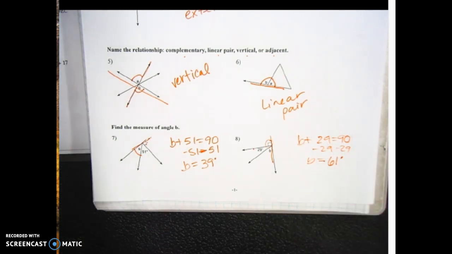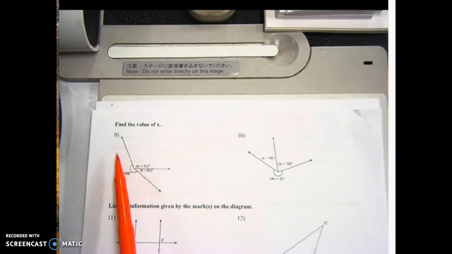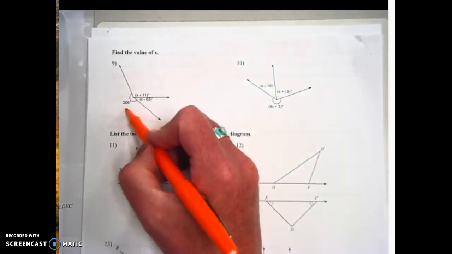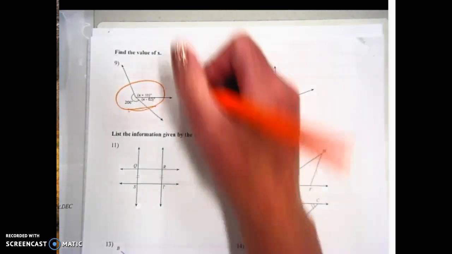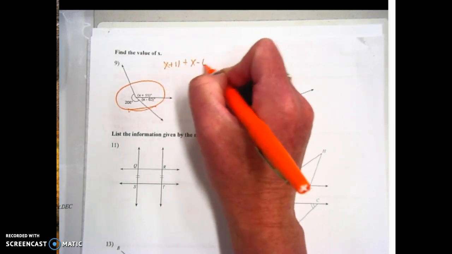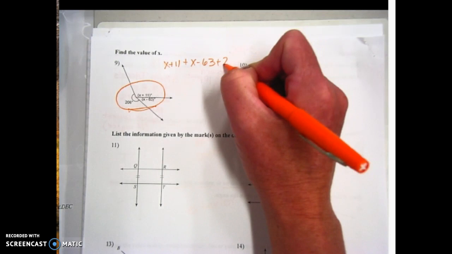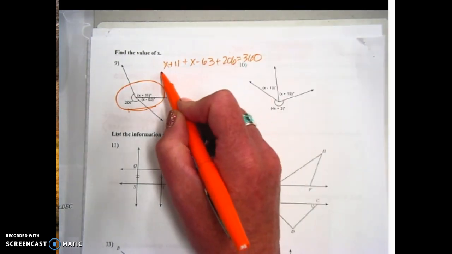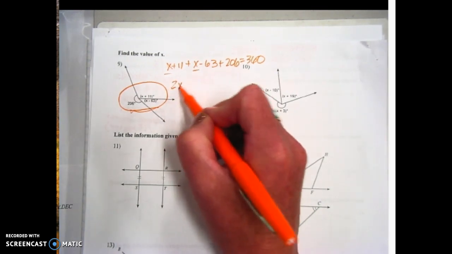All right, turn it over to the back. 9 and 10 say, find the value of X. Usually we have our degrees adding up to 180, but in this case, it makes a full circle. So double 180, which is 360. So X plus 11 plus X minus 63 plus 206 equals 360. So you want to combine your like terms on the left. You've got 2X.